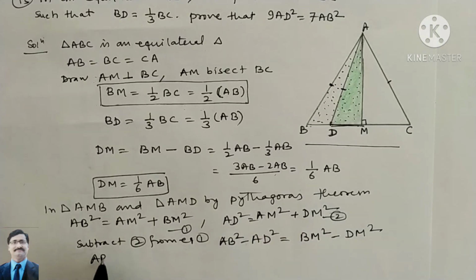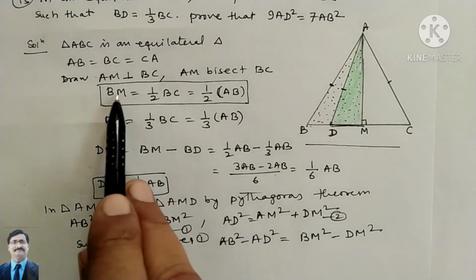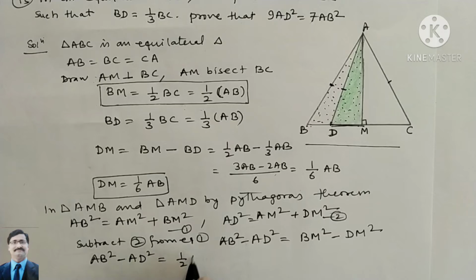So we get AB square minus AD square equal to BM square minus DM square, and BM we can write 1 upon 2 AB, and DM we can write 1 upon 6 AB.